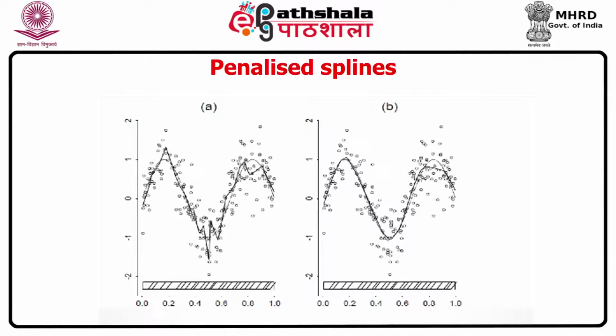So far, the results we have seen can be fitted within the usual linear model. In this slide, we can see two plots. The one to the left has been fitted by using the linear model and spline regression. The second has been fitted by using something called the penalized spline.